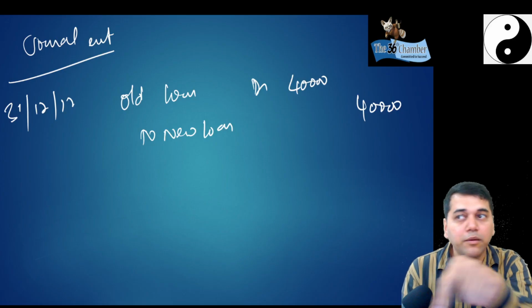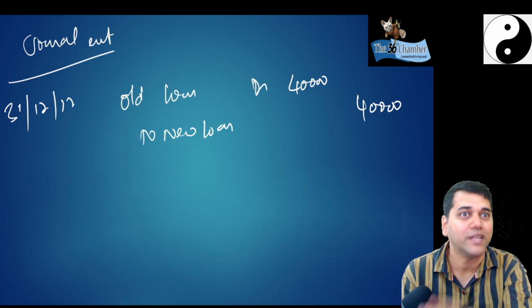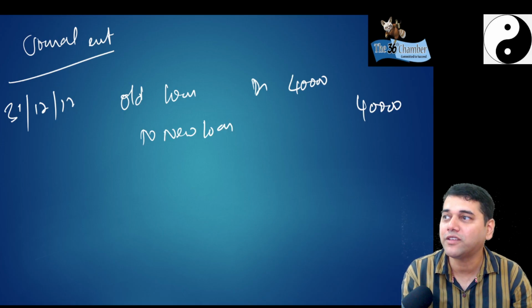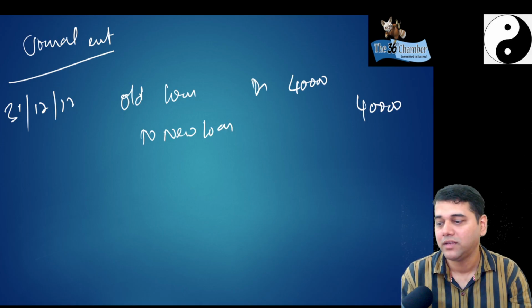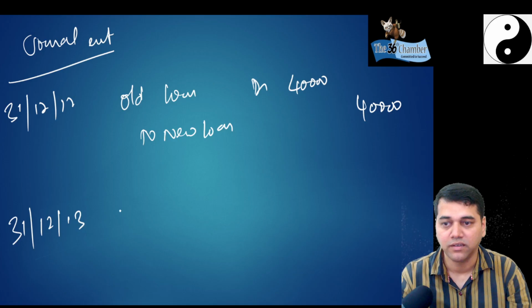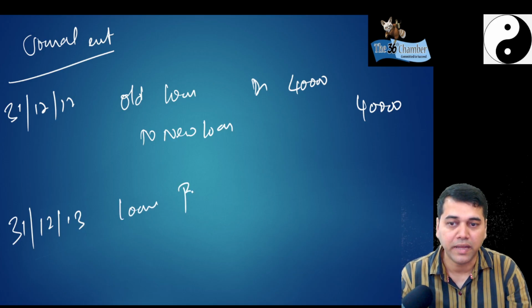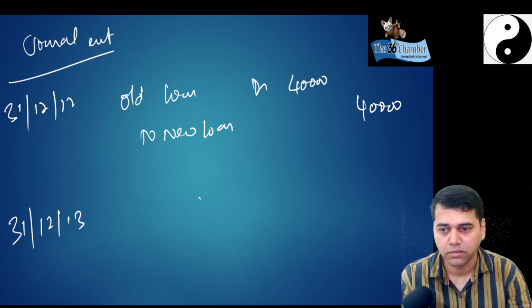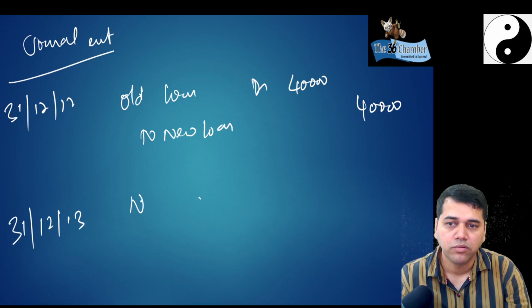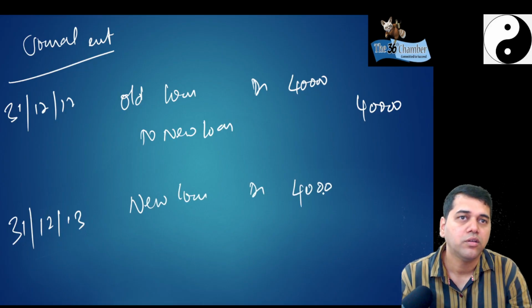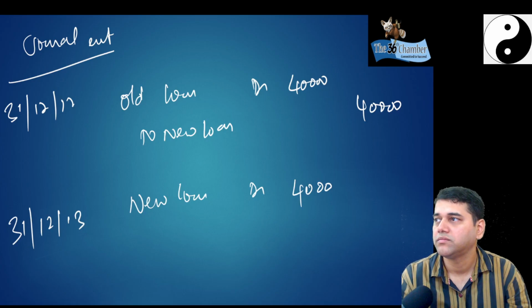Further, is there any modification fee? No. That's why I don't have any gain or loss. If a modification fee was given, it would have been added to the gain or loss. On 31st December 13, new loan account debit, because there is no more old loan now, 4,000.